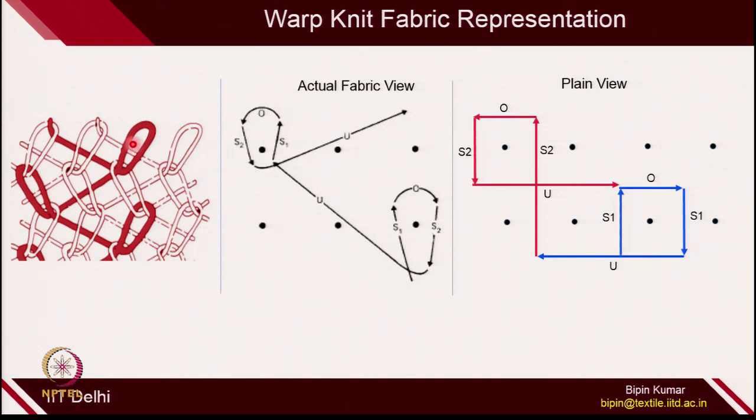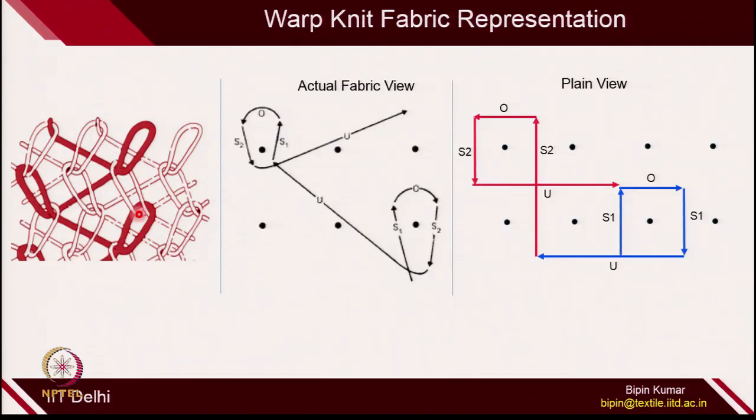If you really want a perfectly stable loop structure in the vertical direction, you need to carefully provide the sinkers so that they counter each other. Otherwise, in most warp knitted structures you will find the loops tilted in the left or right direction.